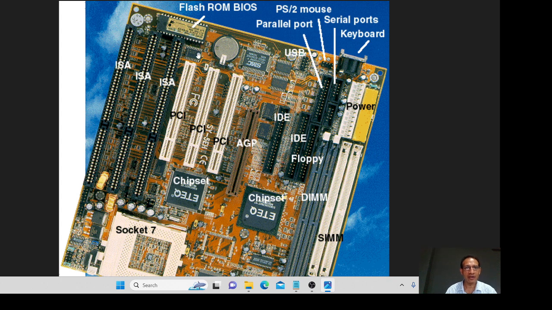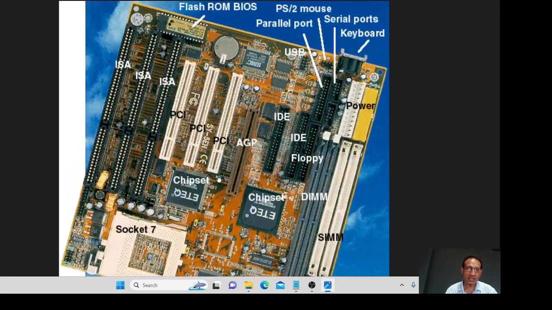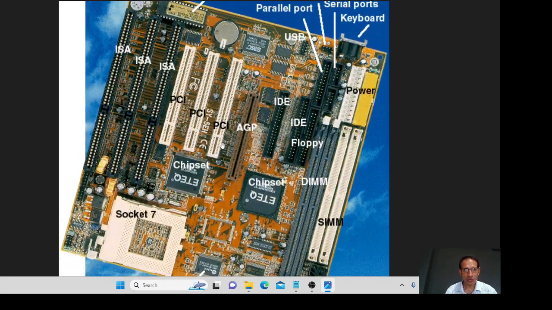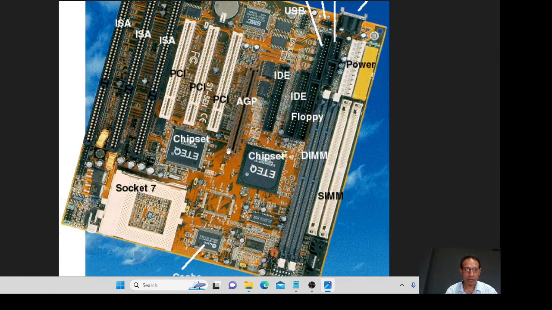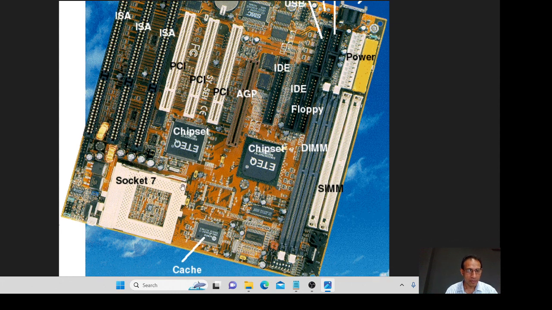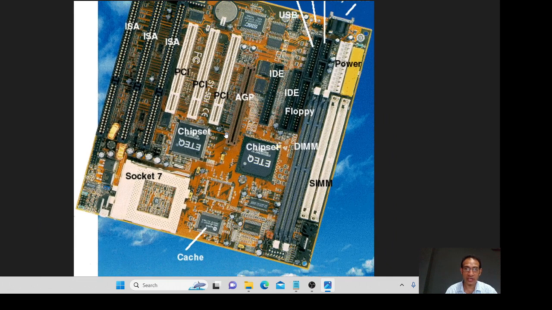According to the BIOS POST program, the motherboard powers on and, after some process, hands over the operating system to run the computer to the processor, as well as the RAM and the VGA.